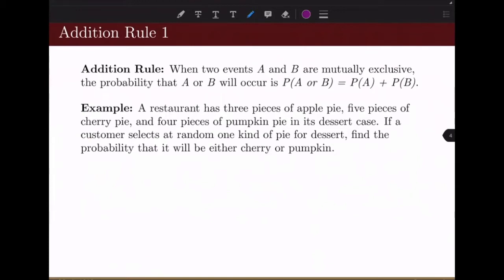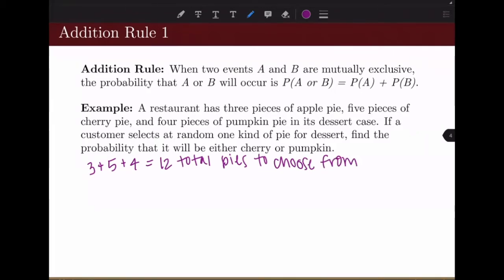So first, we need to find the total number of pies that the restaurant is offering. It has 3 apples plus 5 cherries plus 4 pumpkins, which is equal to 12 total pies to choose from. This is our number of outcomes.